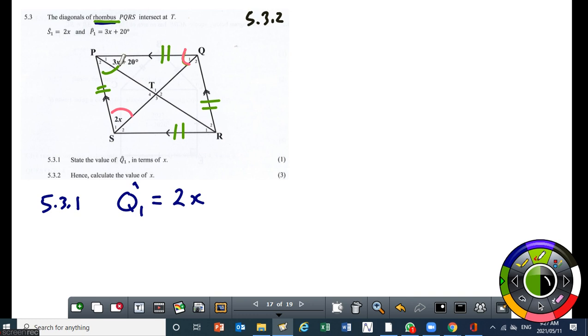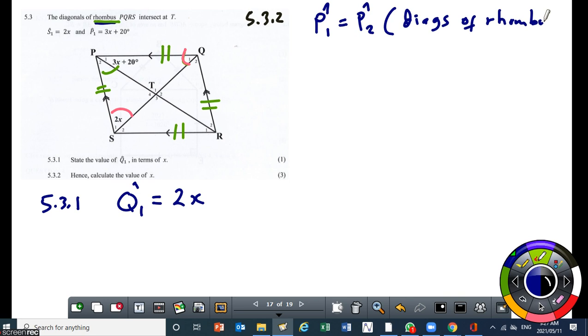P2 is equal to P1 because the diagonal PR bisects the opposite angles P and angle R. So I'm going to say P1 is equal to P2, then my reason would be to say that of rhombus. If you want, you can add bisect opposite angle. So that's my reason why I'm saying P1 is equal to P2.